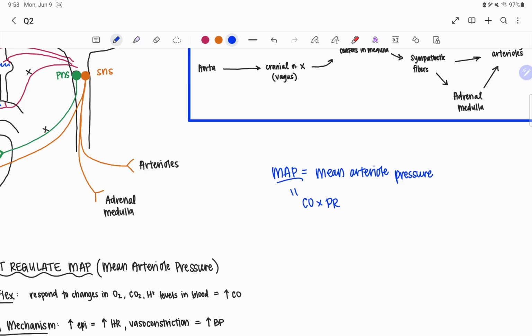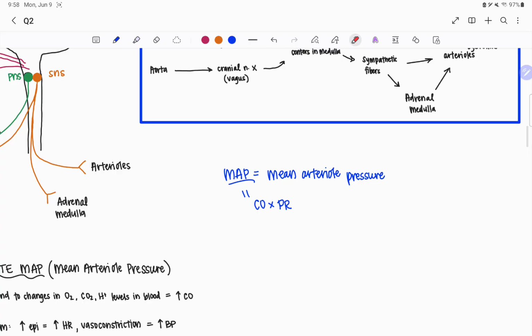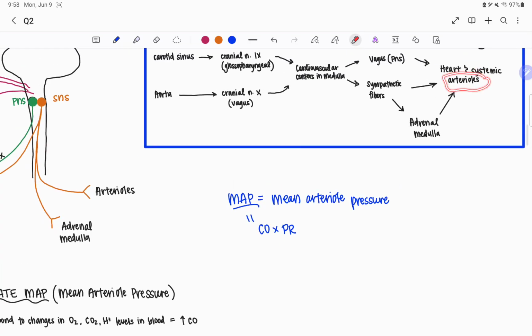So if we increase our peripheral resistance, which would be vasoconstriction of our arterioles, or vasodilation, that will help increase or decrease MAP, depending on what we need.